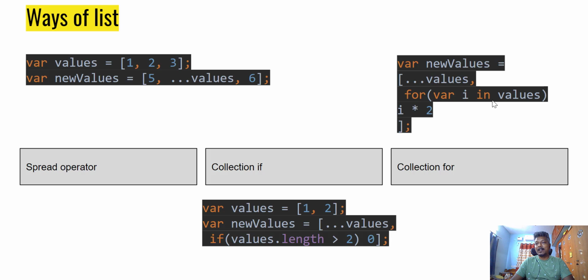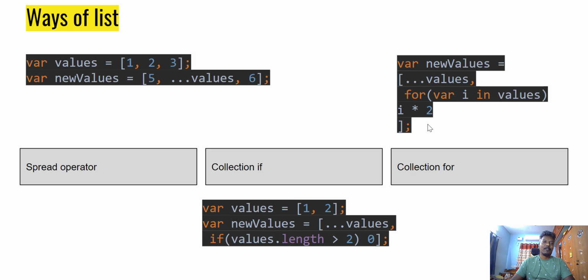For where i in values, I'm taking the values from the previous list and multiplying each element by 2. So the new values will be injected directly into this new values array. When you run this program, you will have the existing values from this values array as well as the new values added through the for loop.